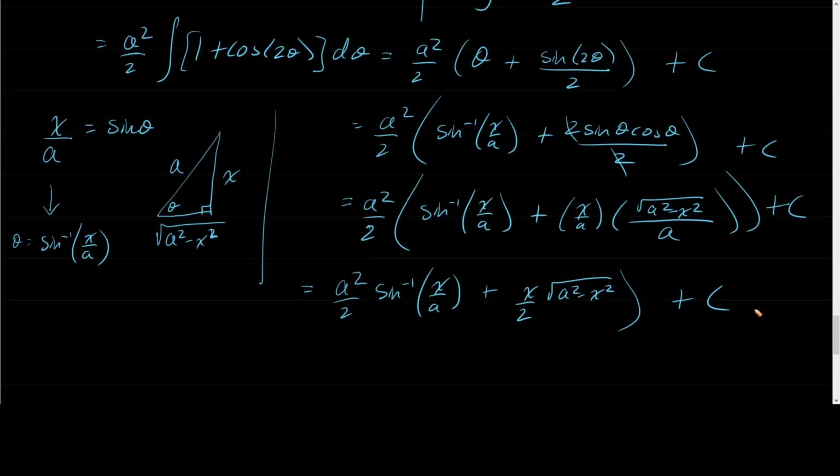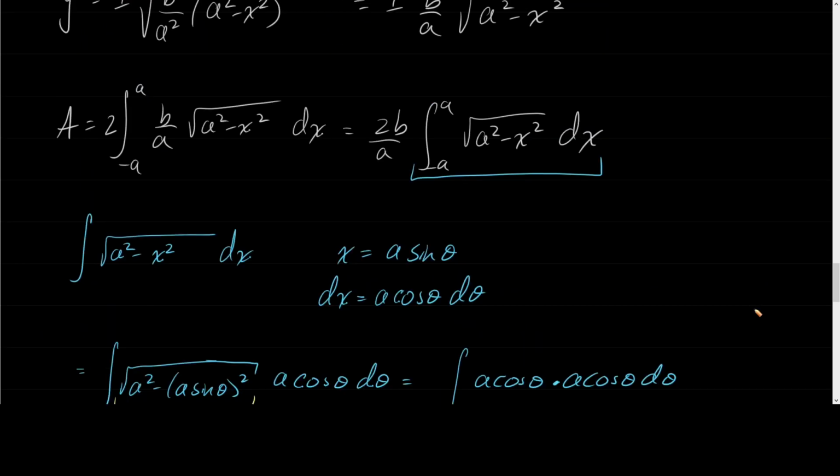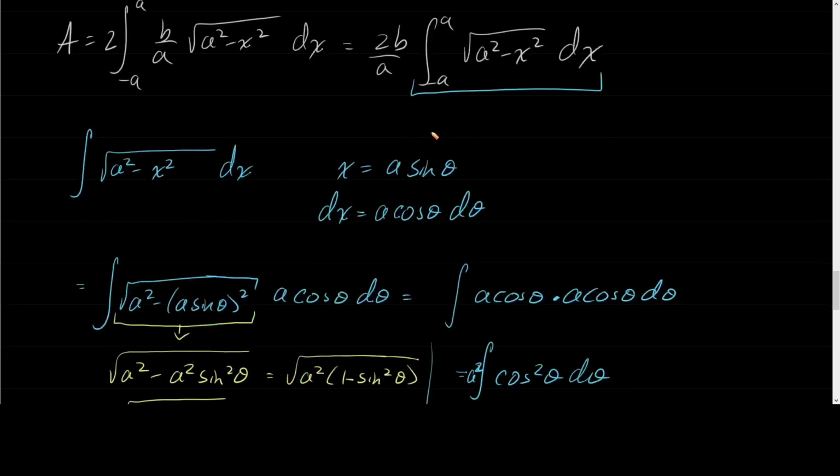At that point, well, what can we actually do there? That was just the blue integral, right? We're still missing this 2b over a, and we're still missing these bounds. So let's go ahead and apply that.